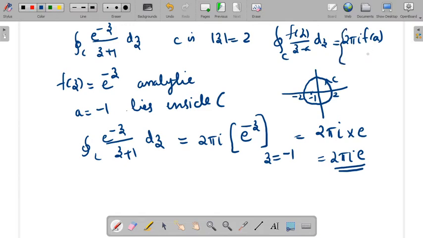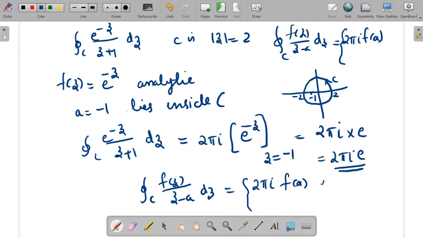This will be equal to 2 pi i into... So you can combine Cauchy's integral theorem and Cauchy's integral formula to write the integral over C of f(z) divided by z minus a dz will be equal to 2 pi i into f of a if a is inside C, and if a is outside C, that means the function is analytic within C, so that using Cauchy's integral theorem you can say the integral will be 0 if a is outside C. So look at the function, check whether it is analytic and check whether the point a is within C. If it is within C, you can write 2 pi i into f of a.